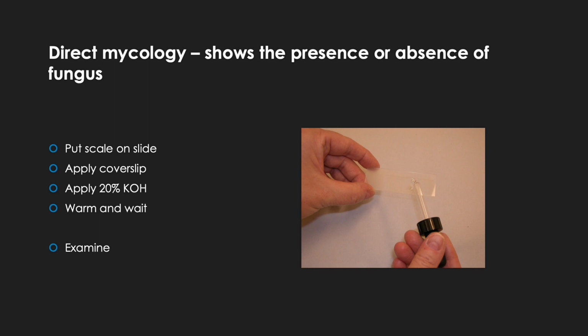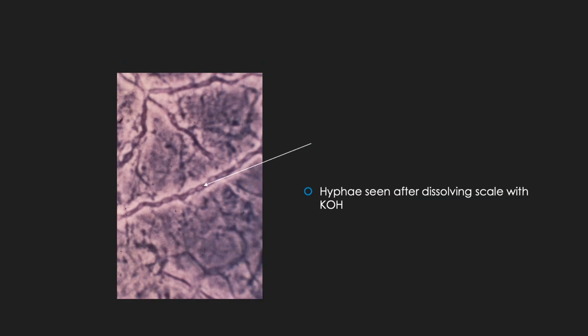So this can be done either in clinic or in the laboratory. And we may be rewarded by seeing the hyphae of the dermatophyte fungus on the potassium hydroxide preparation. So that will tell us that this is definitely a fungus infection. It of course won't tell us which species it is. For that we'll need to do culture.